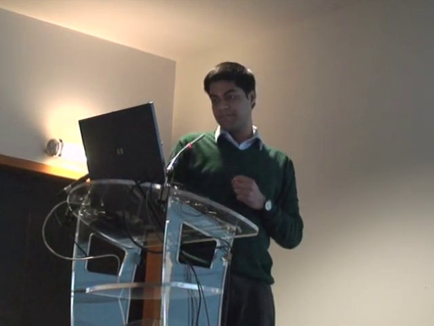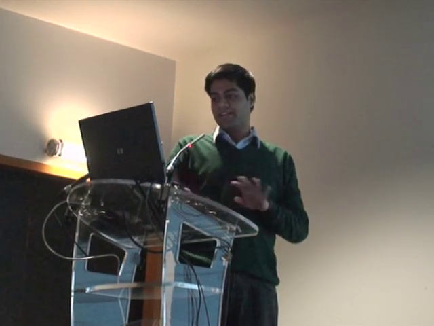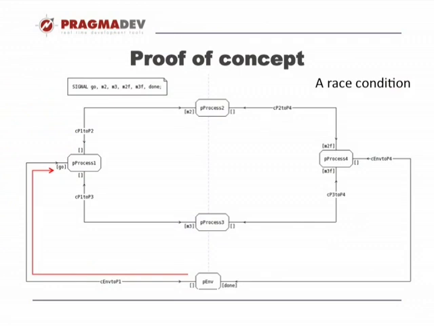So we now present a basic proof of concept, a simple race condition, nothing special. This diagram here is a basic SDL model that we have in PragmaDev Studio again. So we have four processes, 1, 2, 3, and 4, and we have an environment process. The idea is, first the environment process is made to send a message go.